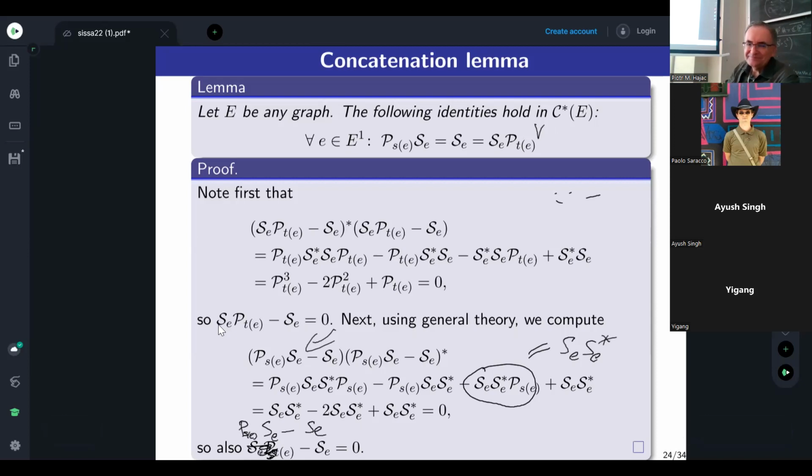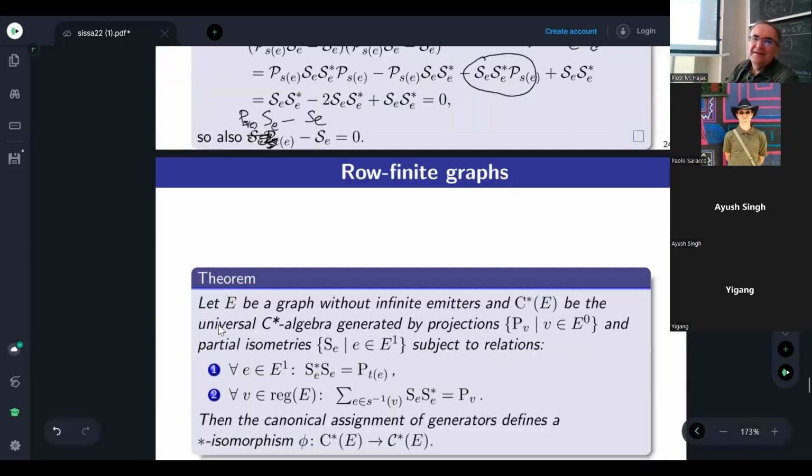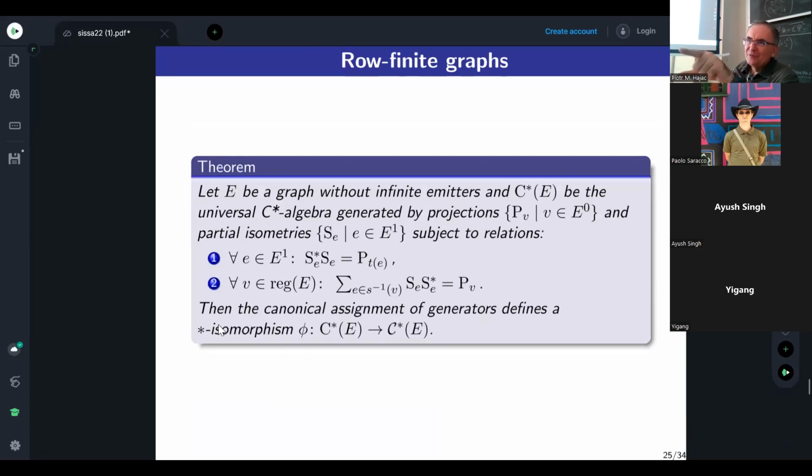That's important. Okay. And now we will do row finite as you want. Now we will use this regular vertex property. Okay. So I have the following theorem. Now, to make your life even more difficult, I'm going to give you a third definition of a graph C-star algebra.